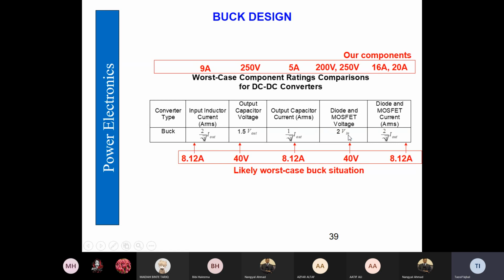And for diode and MOSFET voltage, we have selected 200 and 250. And then for MOSFET and diode current, we should have taken 9 amperes, but because of the spikes and safe operating area, we will select higher current so that we have ensured that the circuit is going to operate even in worst case conditions.